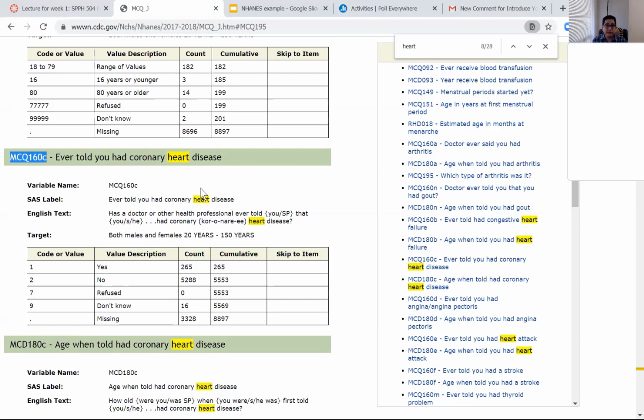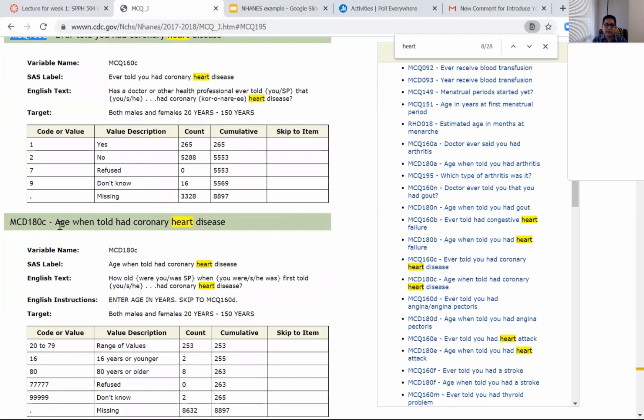Just based on this variable, it is not possible. But you might get lucky sometimes, because there is another question, age when you were told you have coronary heart disease, and there should be another question, age when you were told you have rheumatoid arthritis. So based on that, you might be able to figure that out, but you might not be lucky all the time. So this is cross-sectional data, and that might not be possible all the time.